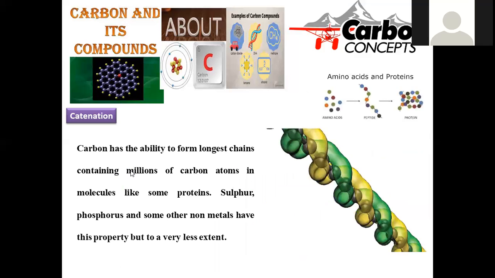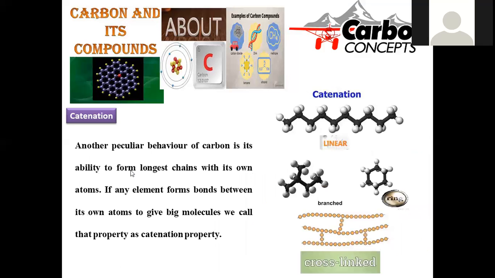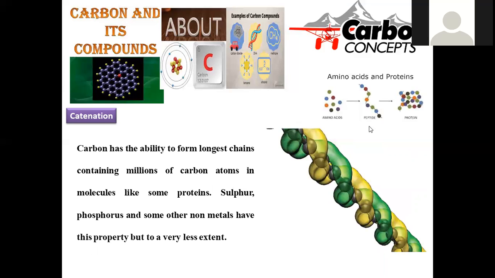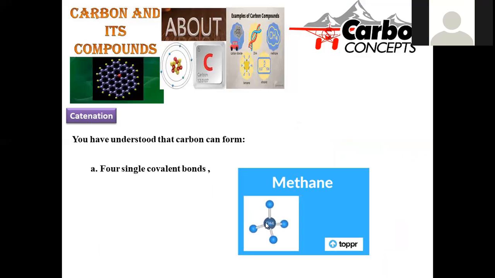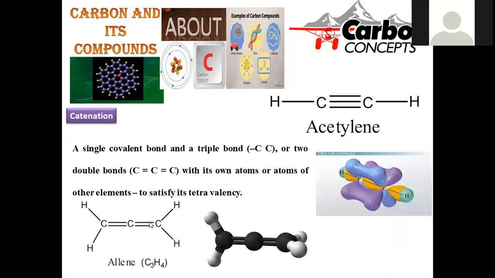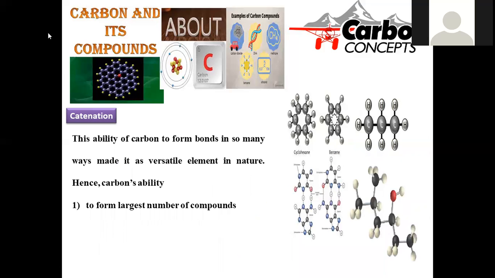So these are the possibilities of carbon in framing various kinds of compounds. Long chains, branches, cyclic forms, and cross-linked forms are possible. Single bonds, double bonds, and even triple bonds and cumulative bonds are also exhibited by carbon atoms.